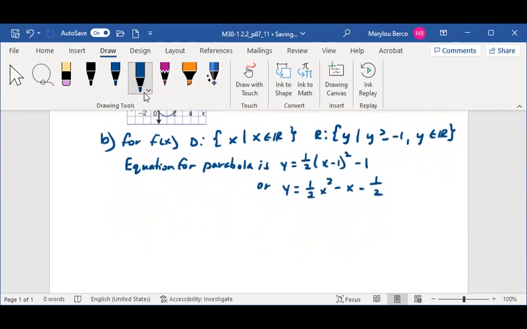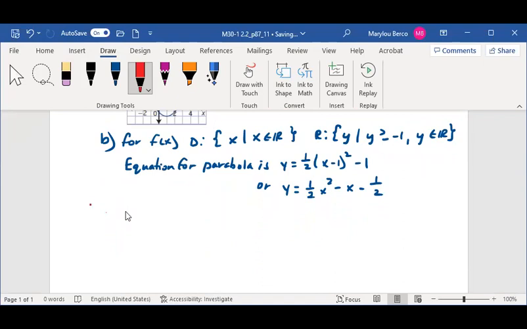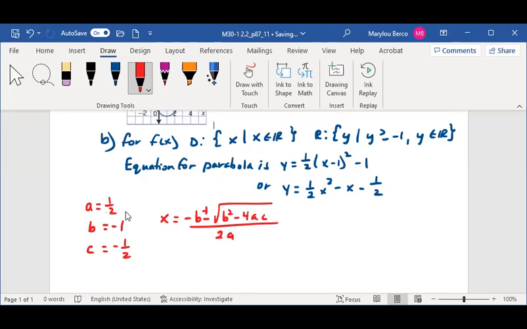And just to review the quadratic formula, I will use the quadratic formula where a equals 1/2, b equals -1, and c equals -1/2. So for the quadratic formula, to get our intercepts, x equals -b plus or minus the square root of b squared minus 4ac all over 2a.